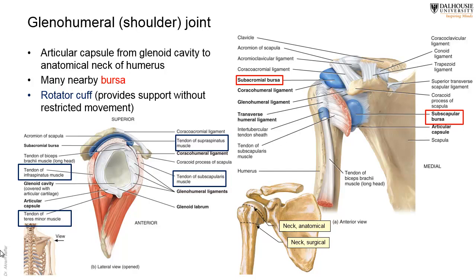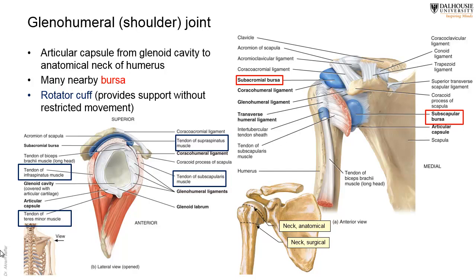I mentioned that some of the bursae communicate and some do not communicate with the capsule of the shoulder joint. But you are not required now to know the names of the bursae that communicate and do not communicate. I'm just using them as an example. Is that okay? Okay.